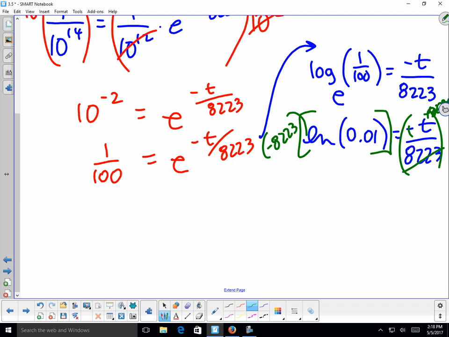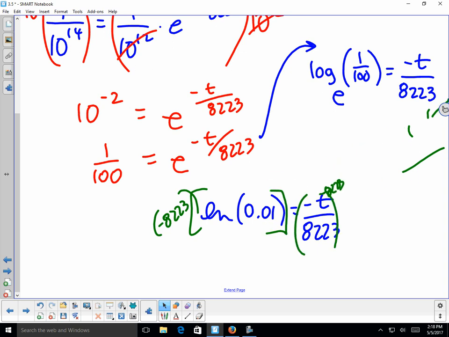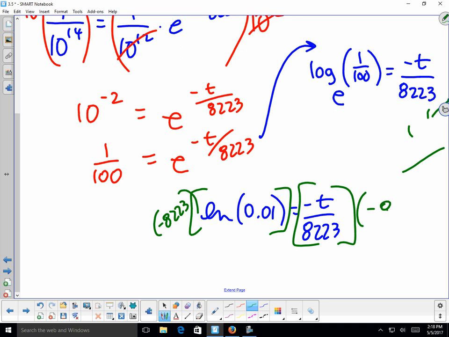I'm multiplying both sides by negative 8,223, right? Negative times a negative is positive. Those are dividing out. So I get t is approximately equal to what?